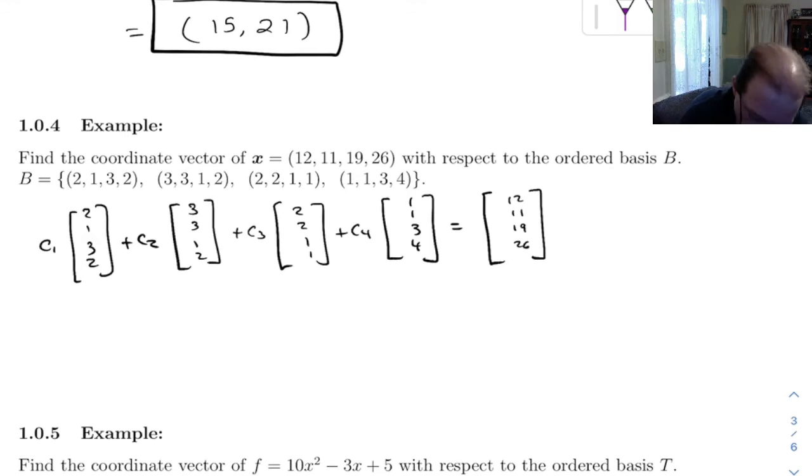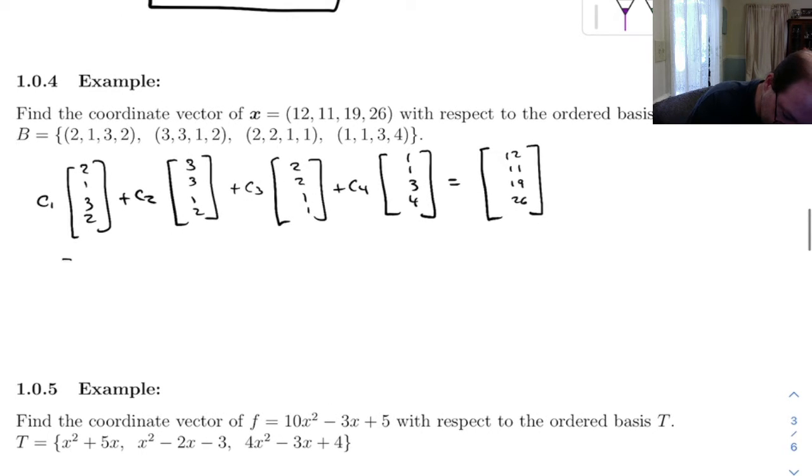So that's the setup, and then we'll put this into a matrix.